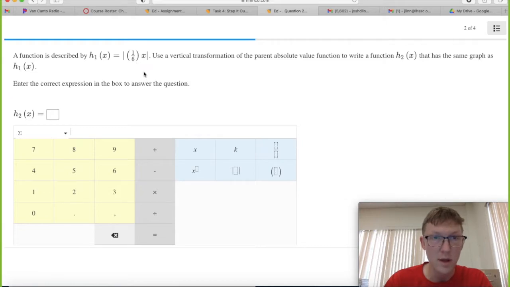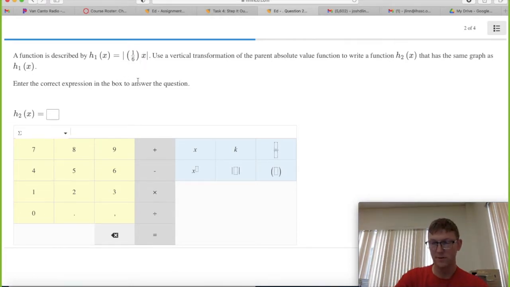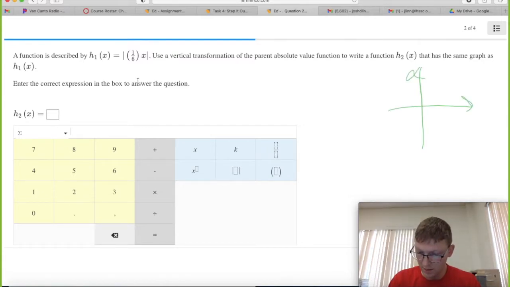And the reason I think I can do this is, if you think about it, our graph is going to look something like, so let's see here, 0, 0, if x is 1 or -1, y is going to be like 1/6, which is not a lot, which is like right there.